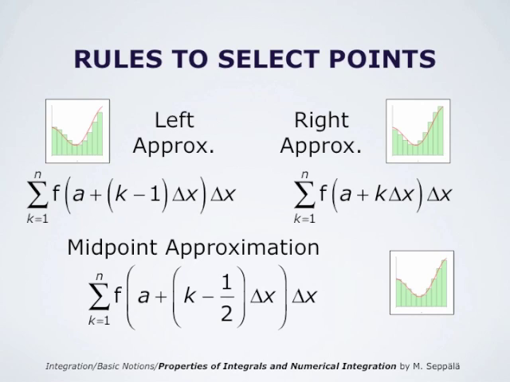The tag points, the points tk from each subinterval, may be chosen to be the left endpoint, the right endpoint, or the midpoint of the corresponding subinterval. And that yields left approximations, right approximations, or midpoint approximations, and these pictures illustrate these 3 different approximations.